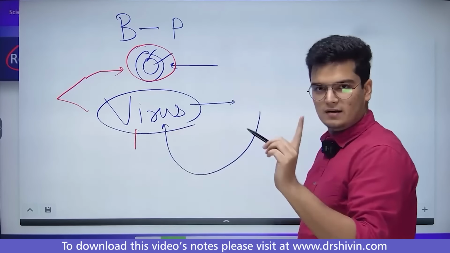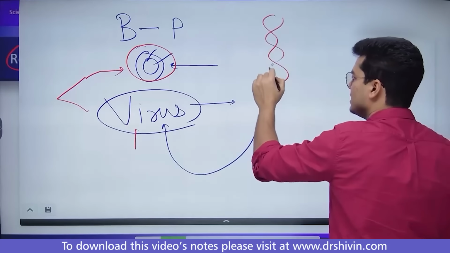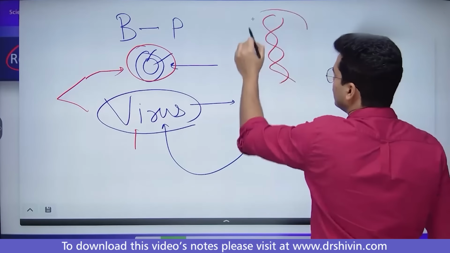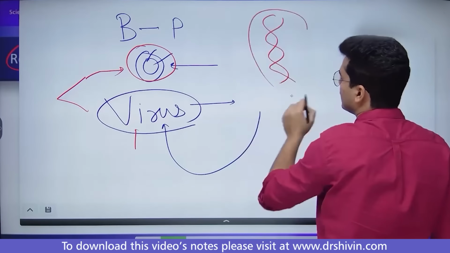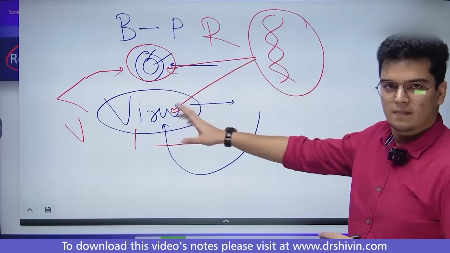I am joining the DNA that I want into the plasmid or into the virus, and I am removing from the virus or the plasmid the part of DNA that it has that causes disease. So I am doing some recombination. So there is recombinant vector vaccine. Which DNA I am joining? This we will just see.